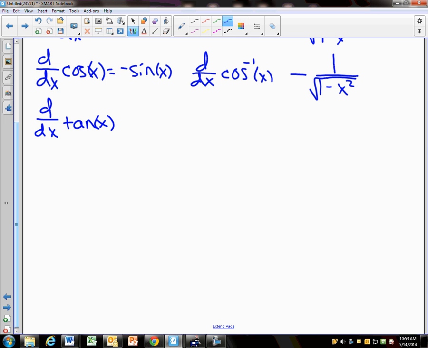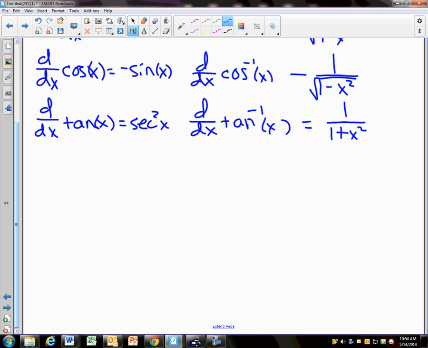What's the derivative of tangent? Secant squared. The derivative of tangent inverse is 1 over 1 plus x squared.